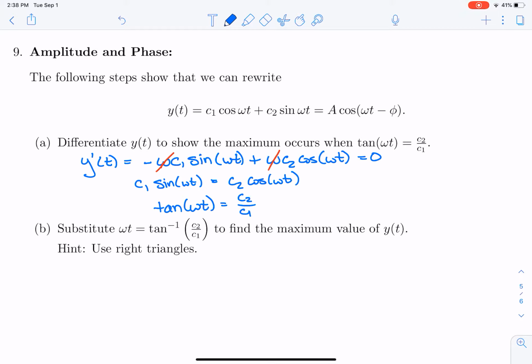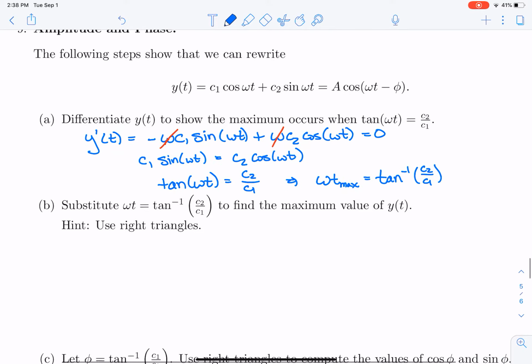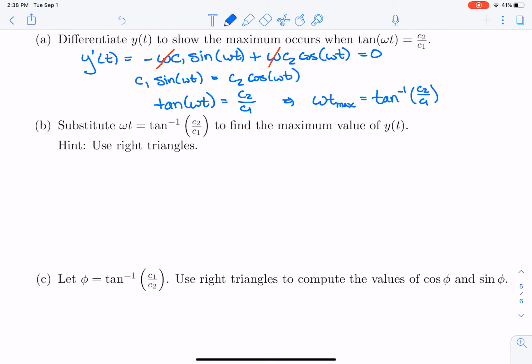So the maximum occurs when omega t, so that maximum time, omega t, is equal to the arctangent of C2 over C1. So now if we plug that maximum into our solution, we should be able to find out the amplitude, that maximum value.